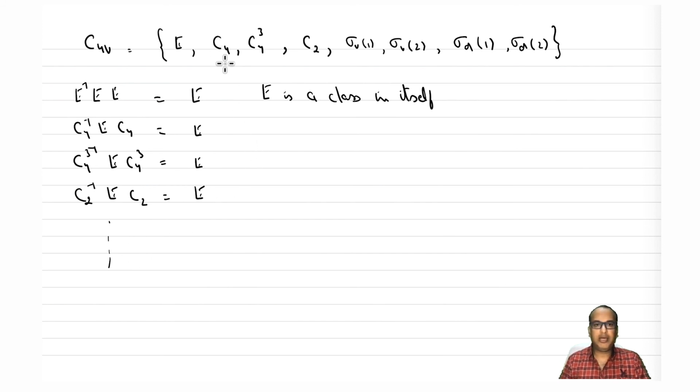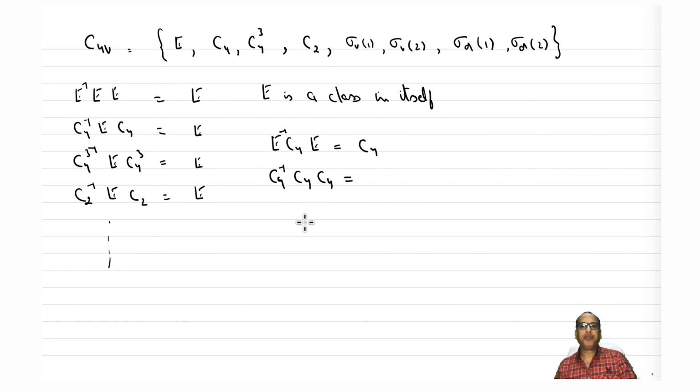Now let's also look at other operations. Let's look at C4, okay? If you have a group multiplication table, finding these products is much easier. That's why the group multiplication table is important. But let's look at this. E, C4 inverse, E: what do I get? C4. Now if I do C4 inverse, C4, C4, what do I get if I do this multiplication?